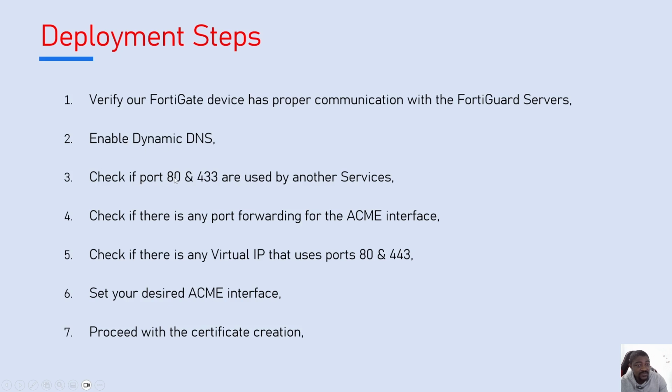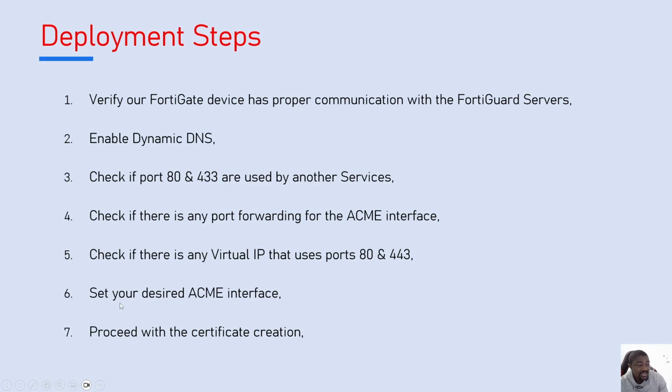You also need to check if ports 80 and 443 are used by other services. Check to see if there is any port forwarding on the ACME interface. Check also to see if there is any virtual IP address configured on ports 80 and 443, especially for the ACME interface.